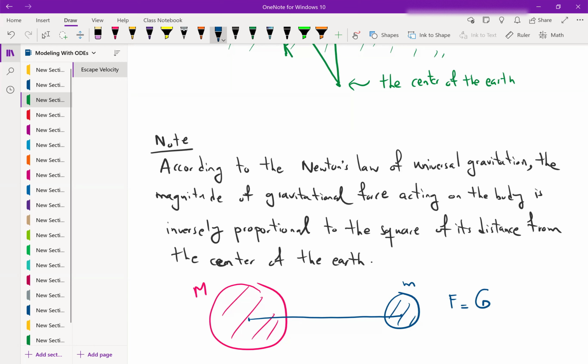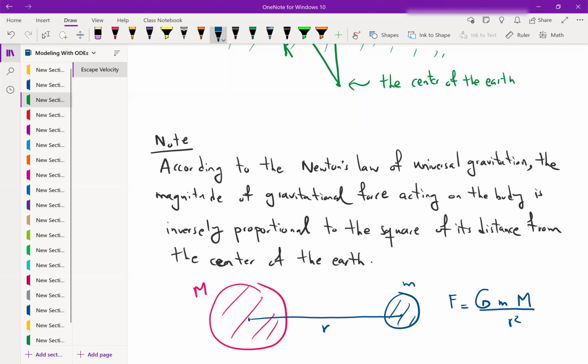This is a physical constant, a known number, times little m times big M, divided by the distance between the centers of mass squared. This is the magnitude of the gravitational force between these two bodies.